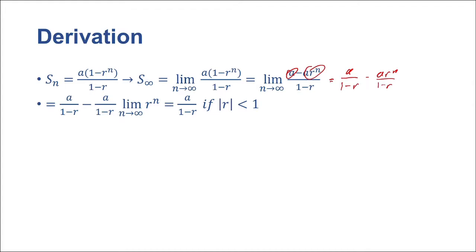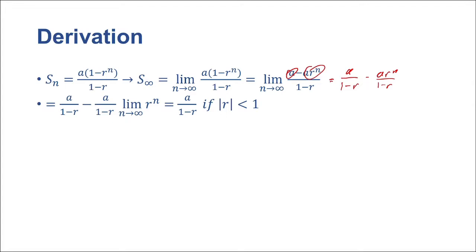But we can actually take that r to the n out and put it in its limit by itself, so we get a over 1 minus r minus a over 1 minus r times the limit as n approaches infinity of r to the n. Great, this is exactly what we want, because now we have our r to the n isolated.